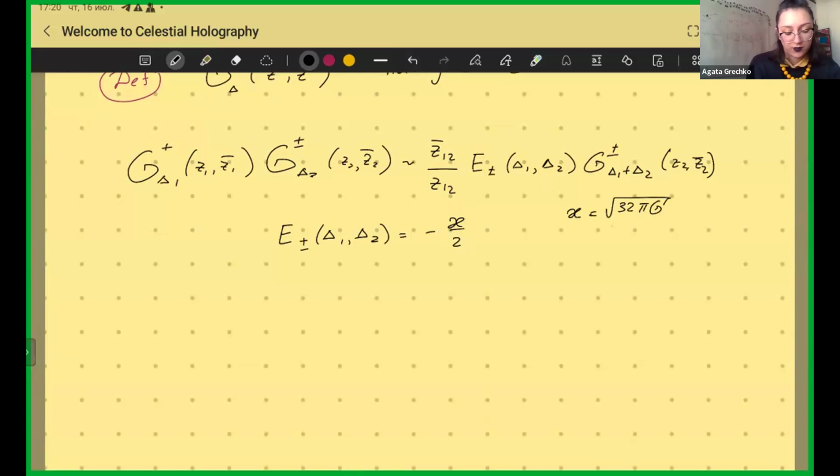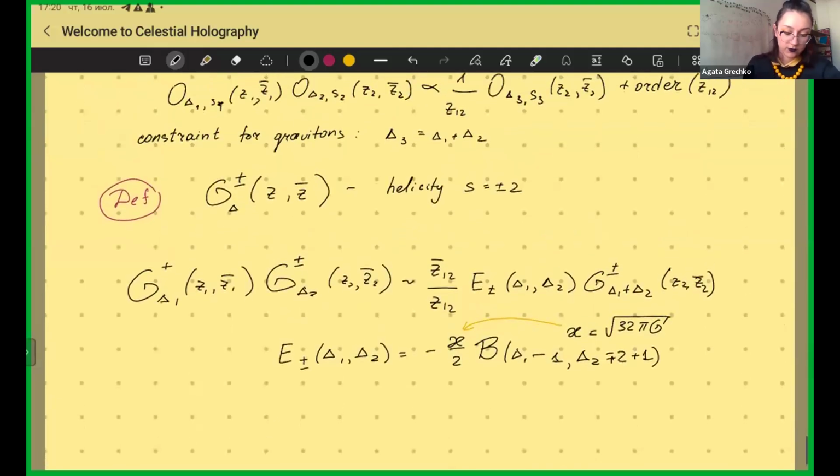I don't remember how it's called. Anyway, this is this constant here times the beta function of the corresponding weights. So in our celestial CFT, we can fix the graviton OPE. That's great. That's very good.